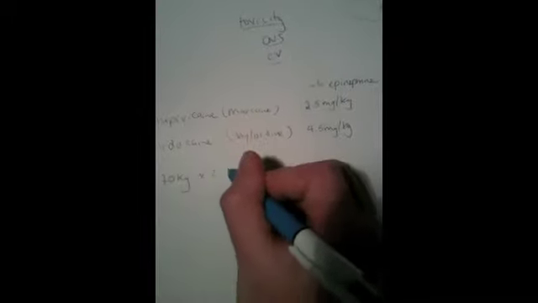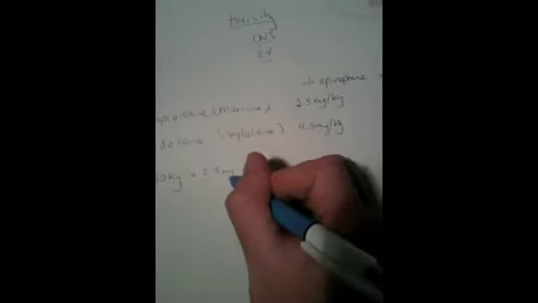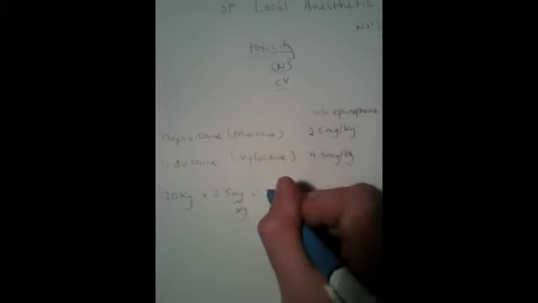So if we have a 70 kilogram patient times 2.5 milligrams per kilogram, let's say we're giving them Marcaine without epinephrine, that's 175 milligrams total that the patient is allowed to receive before we start pushing our toxic levels.